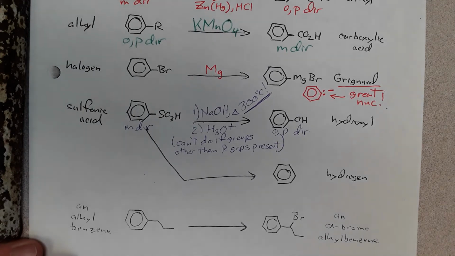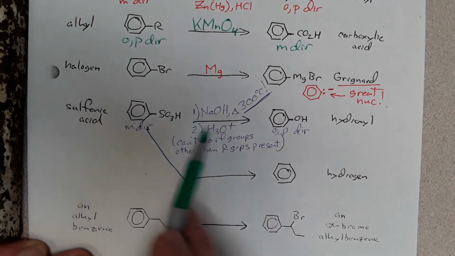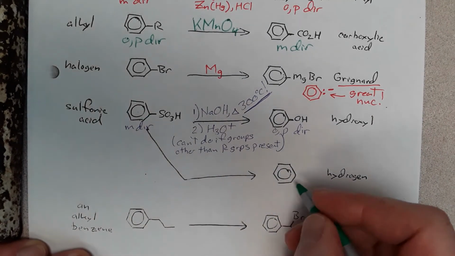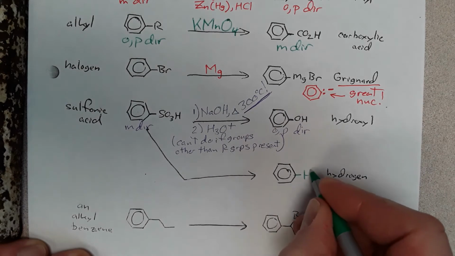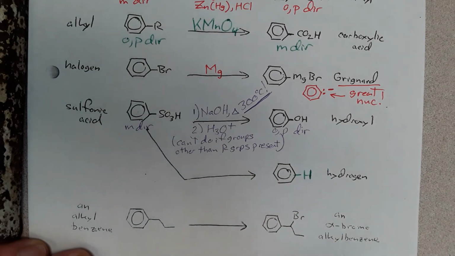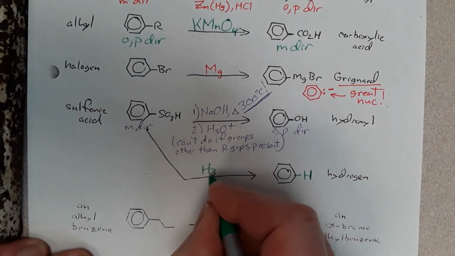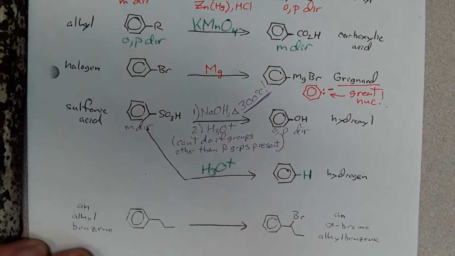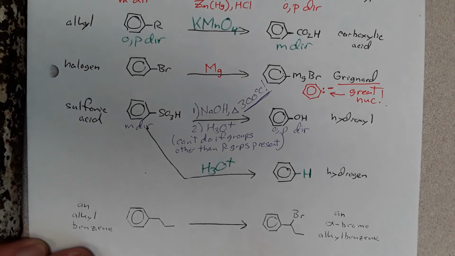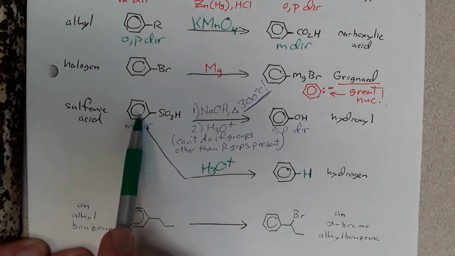Okay, so the next one, we can convert a sulfonic acid into benzene. We can replace this sulfonic acid with a hydrogen by adding H3O+. So think about that for a second. How do you get benzene sulfonic acid?